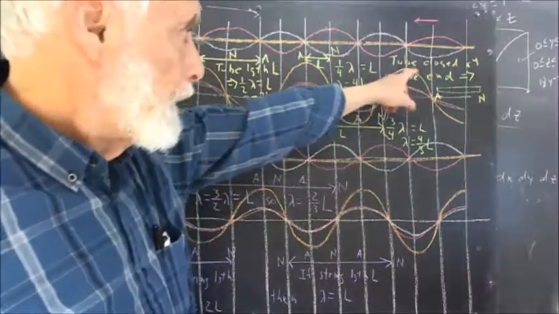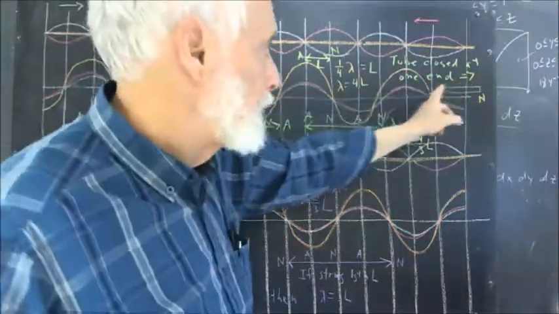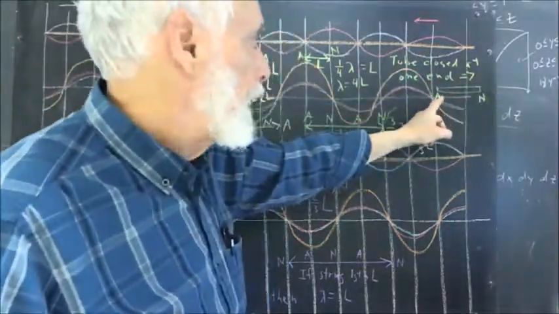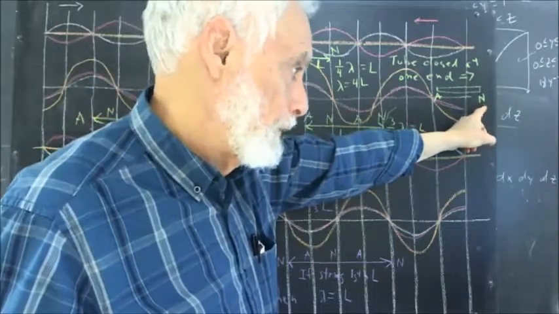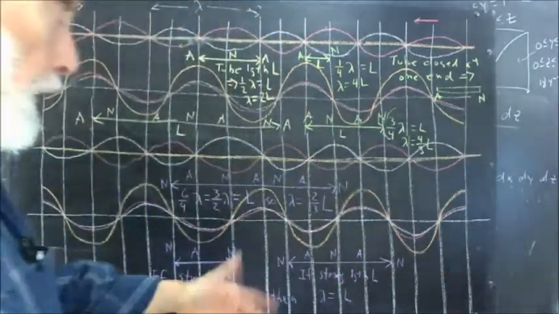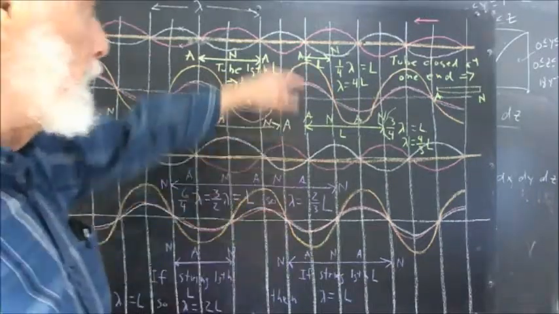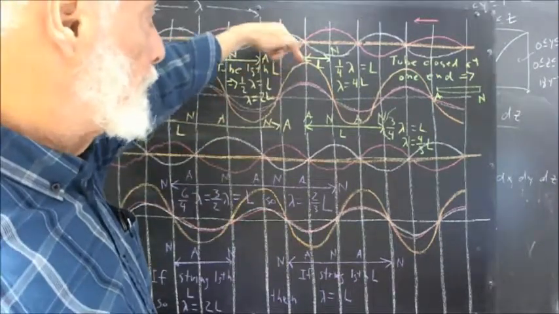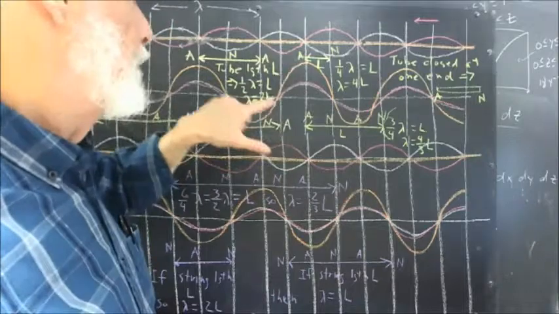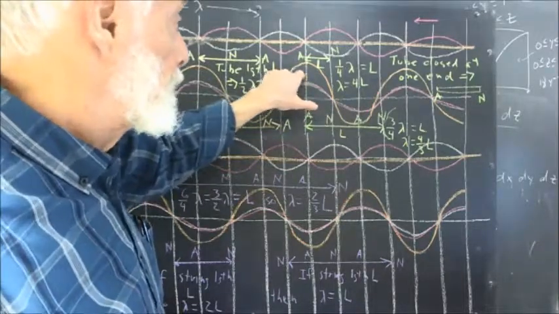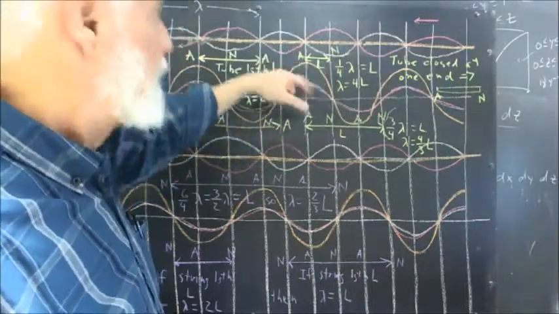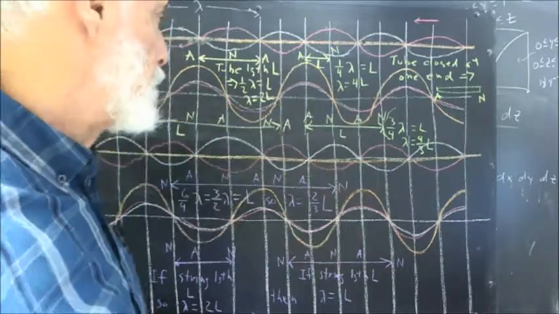And I've added a little bit here. Tube closed at one end implies, if this represents the tube, you have an antinode at one end, a node at the other. The node being at the closed end, the antinode at the open end. And you look at the antinode-node sequence. If we model the length of the tube as just 1/4 wavelength, well, then the wavelength is going to be 4L.